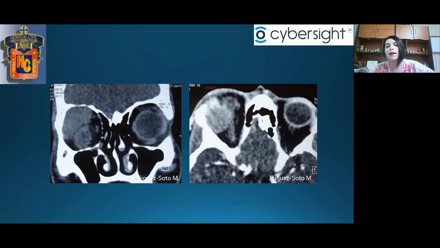And in the axial position, we can see the tumor has not eroded the temporal wall, but it's touching the muscles and maybe the optic nerve.